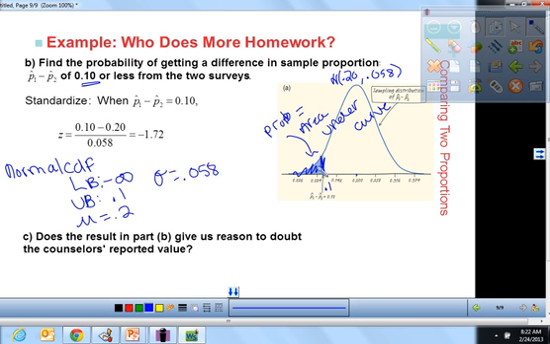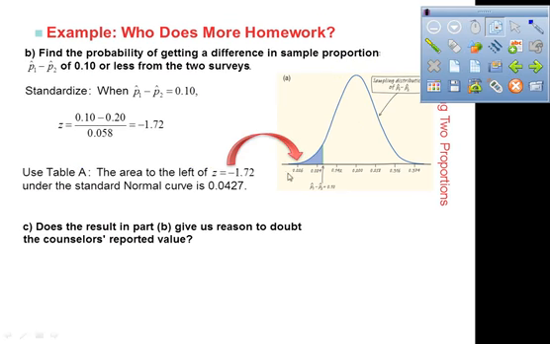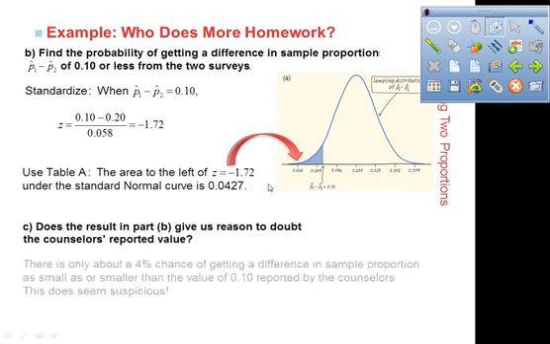You put that in your calculator and you get this probability. So what's the probability that they could have gotten less than this from the two surveys? They look it up on the table where we did it in the calculator.